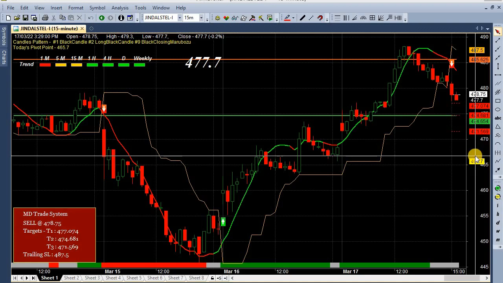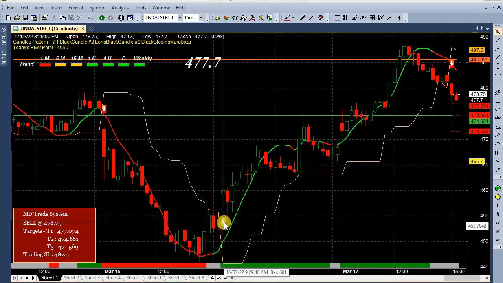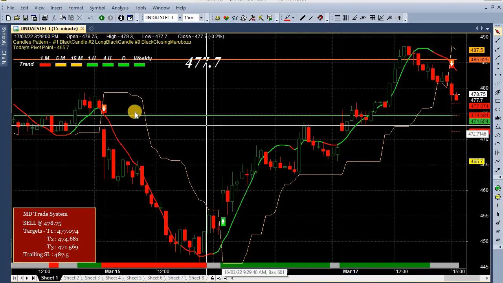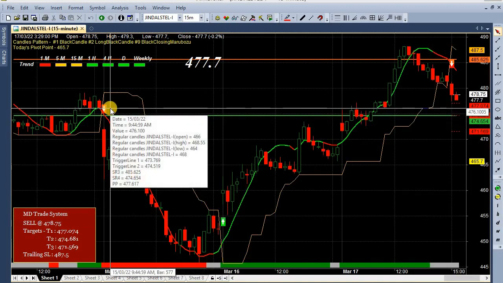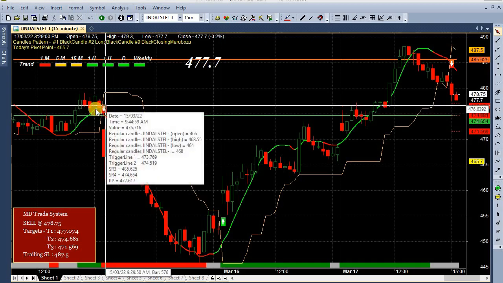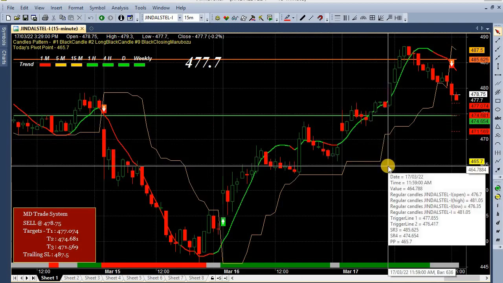Whenever there is a buy call, it will show you an upward arrow in green color, and whenever there is a sell call, it will be denoted by a downward arrow of red color. So these are the buy and sell calls.